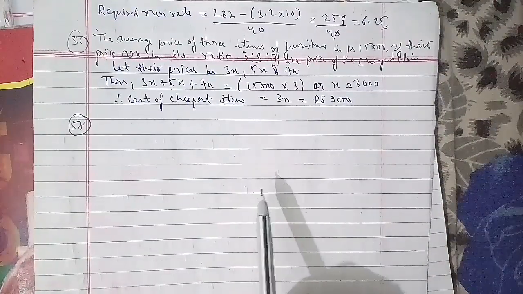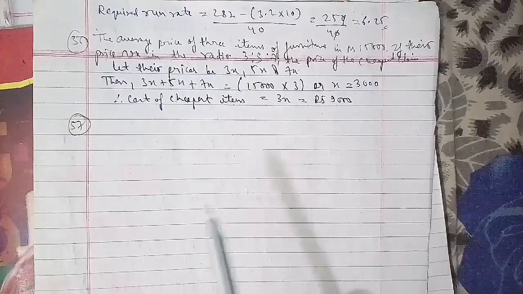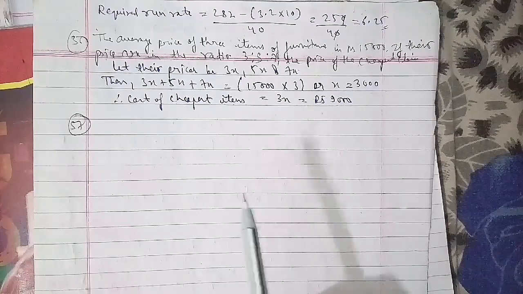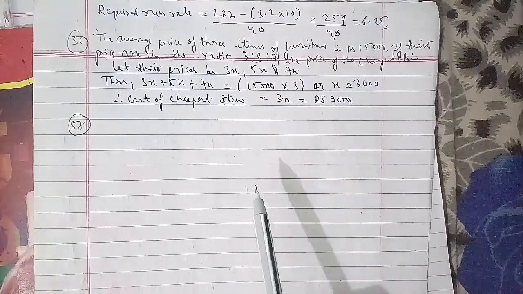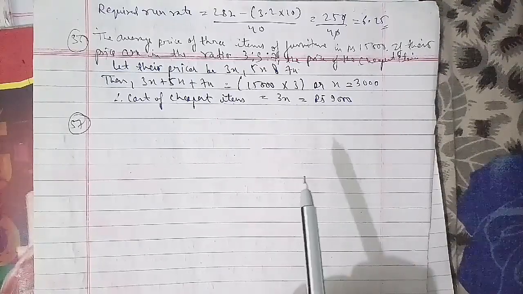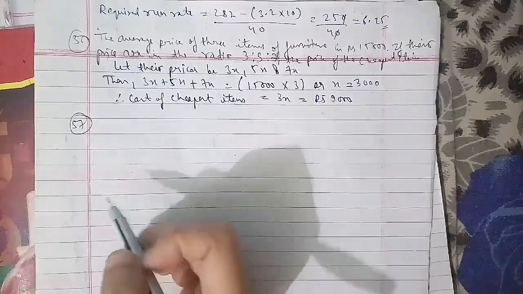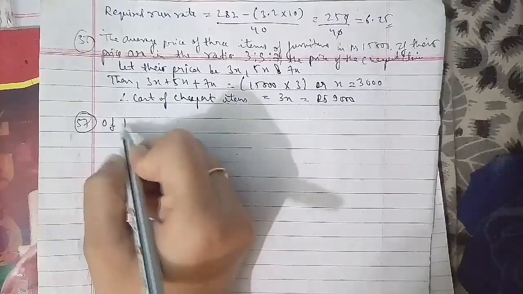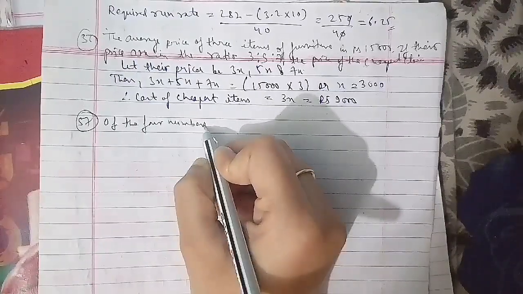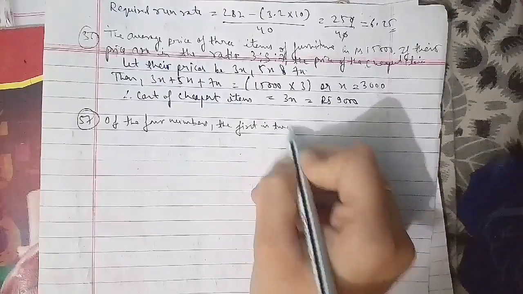Of the 4 numbers, the first is twice the second, the second is 1/3 of the third, and the third is 5 times the fourth.